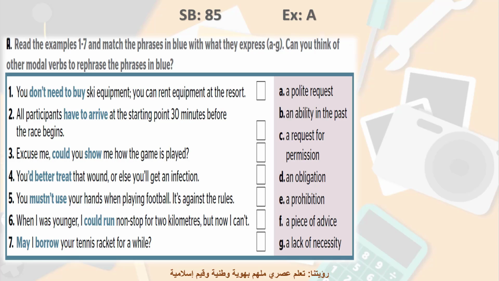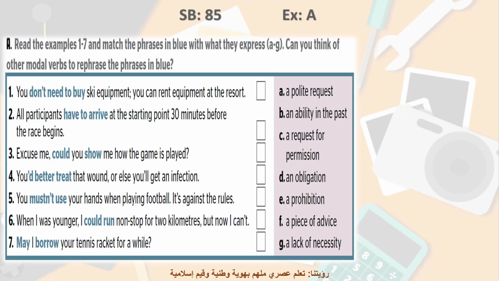So, here we need to classify these 7 sentences according to the 7 uses of the modals. For me, I think it's better to start by explaining the uses of modals.